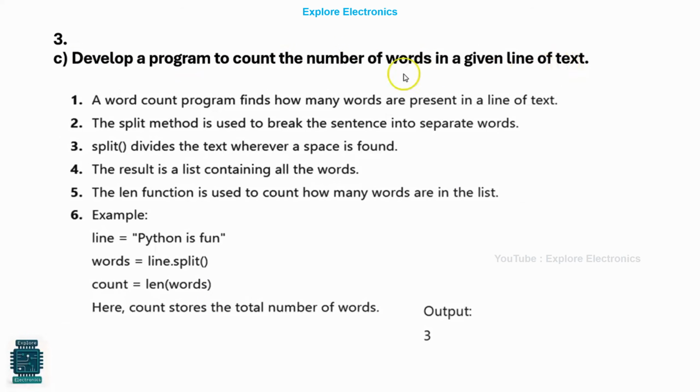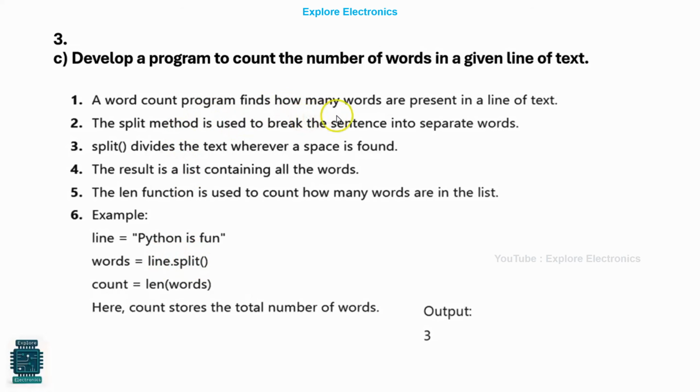And the next question is: develop a program to count the number of words in a given line of text. We have to write code to count the number of words present in a given line of text. Here we have used count to find how many words are present. After that we have used the split method. If you observe here, line dot split, I have used the split method.